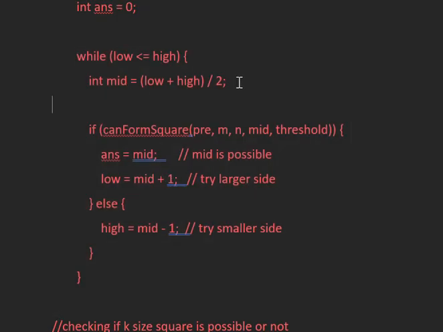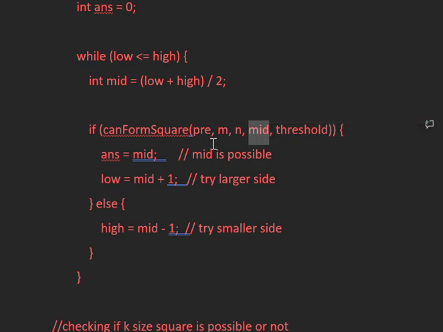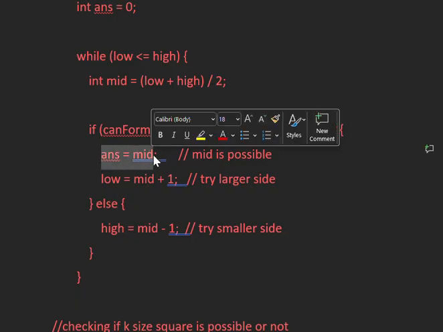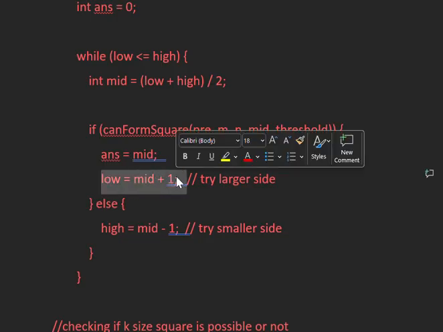We compute the midpoint and check whether a square of side equal to mid is possible or not. If this returns true, it means the answer is possible, so we set the answer equal to mid and shift our low pointer to mid plus 1.